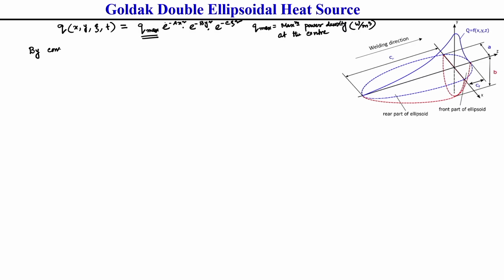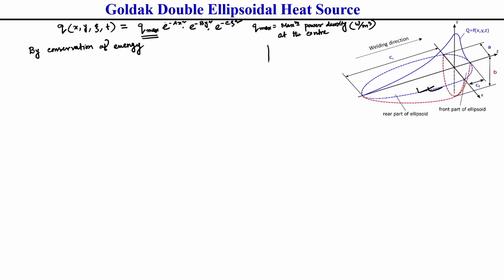By conservation of energy, generally the heat in this double ellipsoid, whatever double ellipsoid I am just showing, this heat is coming from the welding power source, correct.